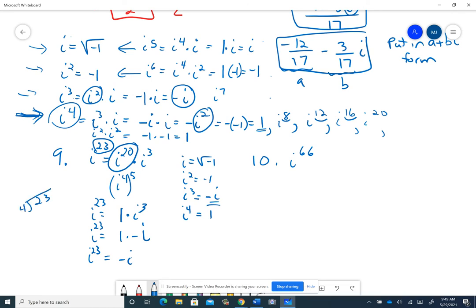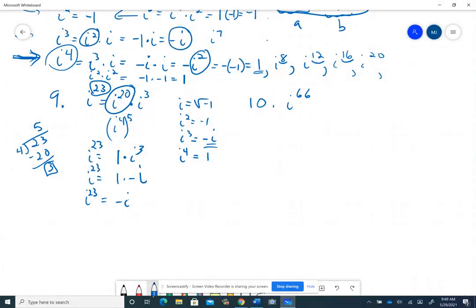If you divide 23 by 4, it goes in there 5 whole times. And see that remainder of 3? That tells you that i to the 23rd would equal i to the 3rd, because the other part of it would have been a multiple of 4, and that would have been equal to 1. And then i to the 3rd equals -i, and then you're done.